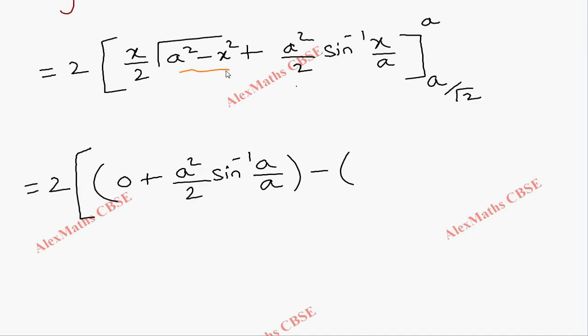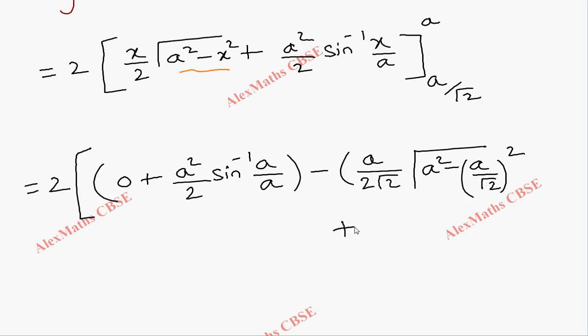And minus, when I put the lower limit, this x is replaced with a/√2, and already there is a 2 in the denominator, so a/(2√2), then √(a² − (a/√2)²), then plus (a²/2) sin⁻¹(a/√2), and there is a in the denominator also.